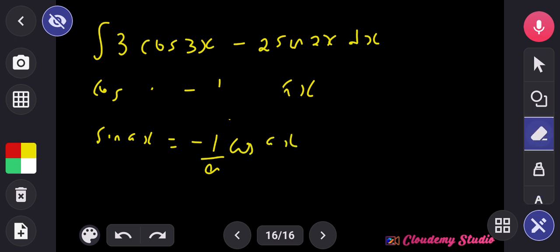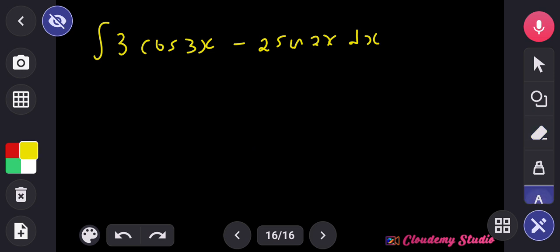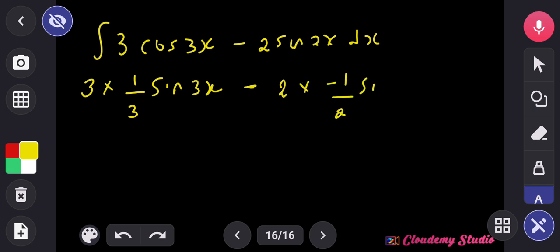So we're going to have 3 multiplied by 1 over 3 sine 3x minus 2 multiplied by minus 1 over 2 cos 2x plus c.